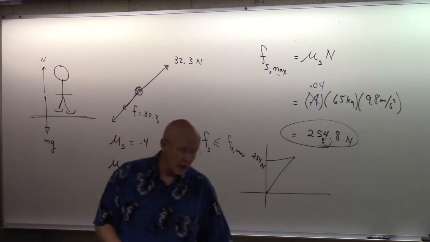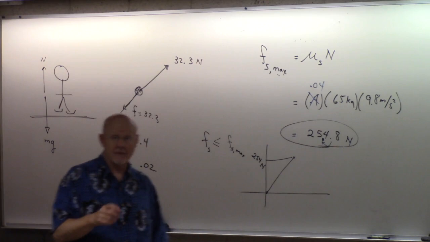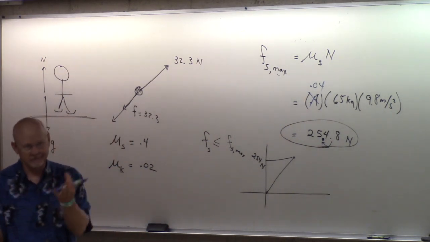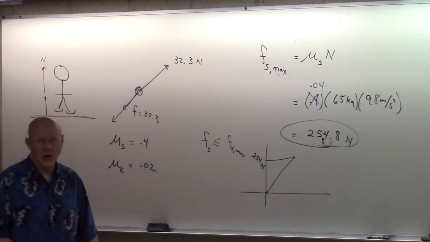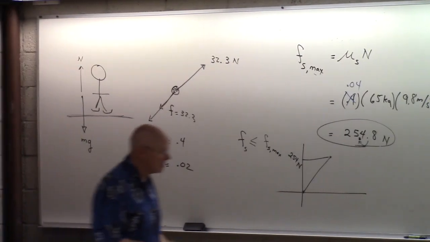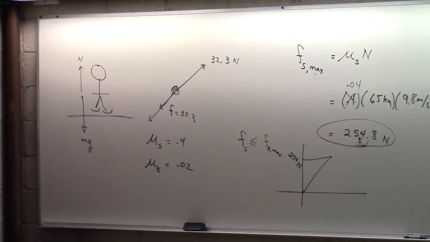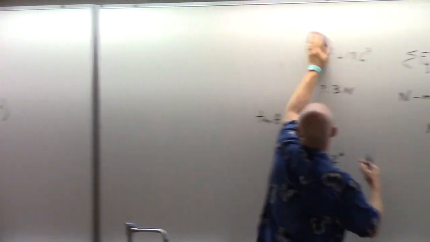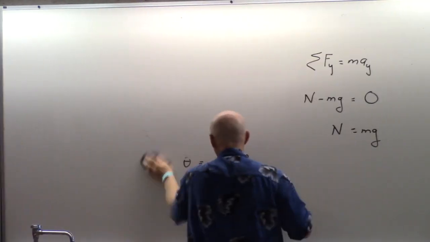So that's the difference then between that factor of 10. So I would say now she is going to move. And so now, instead of just saying the acceleration is 0, she doesn't move, we can actually get a number here.